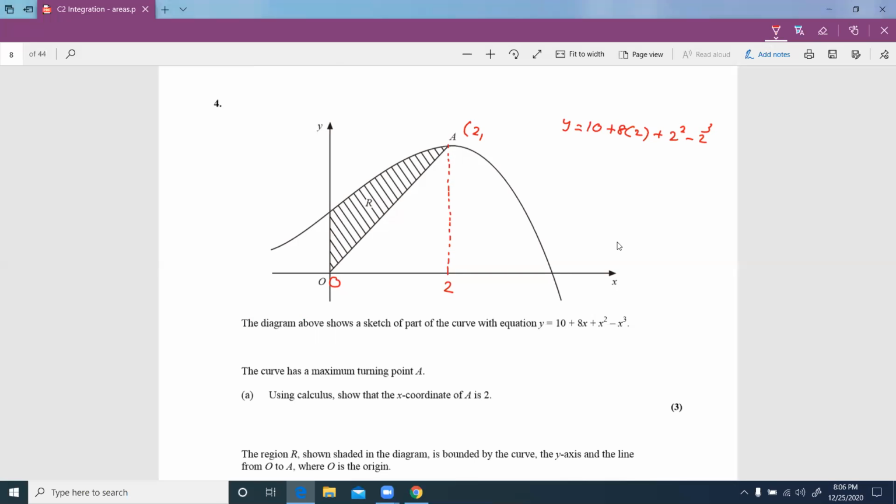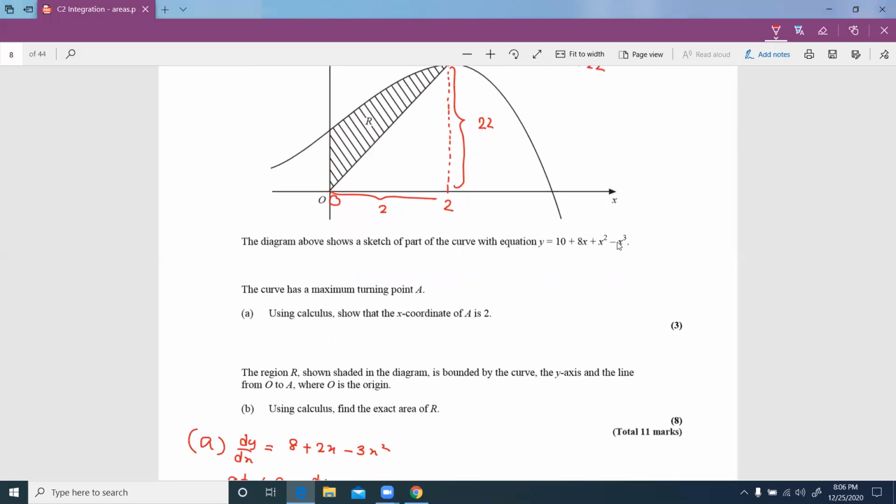So the y coordinate becomes 22. That means this length is 2, and this height is equal to 22. Practically these are the facts, but it's not a to-scale diagram, so you just see both the same lengths.